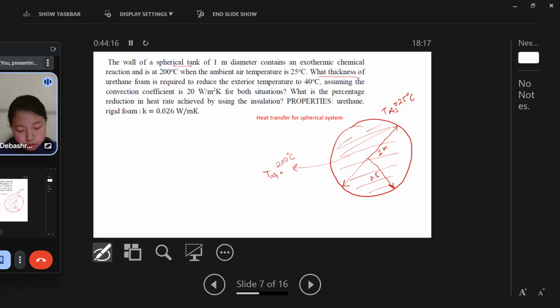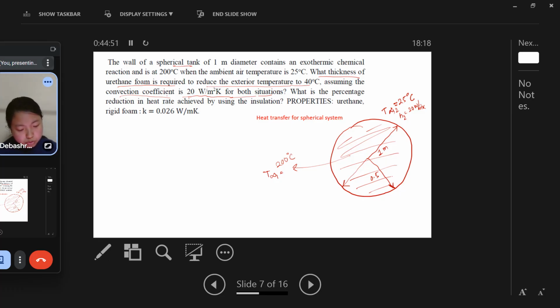What thickness of the urethane foam is required to reduce the exterior temperature to 40 degrees Celsius, assuming the convection coefficient is 20 watt per meter square Kelvin for both situations? This means the outside coefficient H2 is equal to 20 watt per meter square Kelvin.